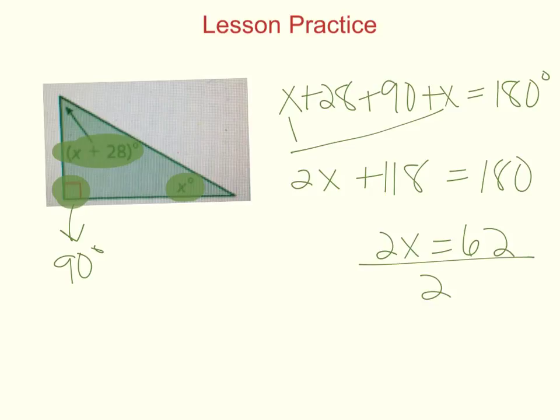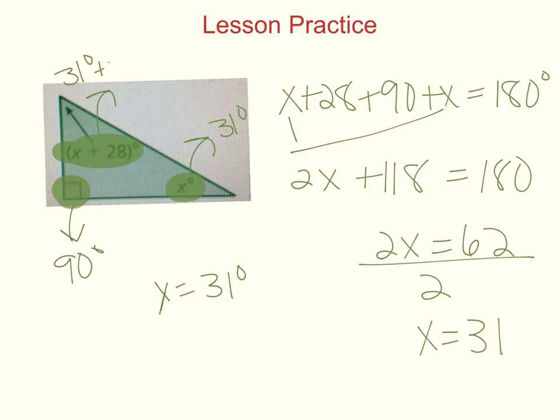Divide both sides by 2, x equals 31. So we can say that the measure of x here is going to be 31 degrees. So this angle is 31 degrees, and this angle is 31 degrees plus 28 degrees, which is going to give us a total of 59 degrees.